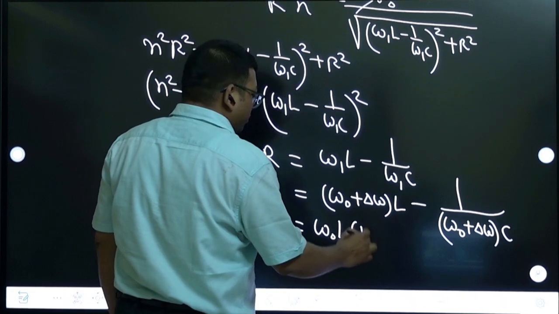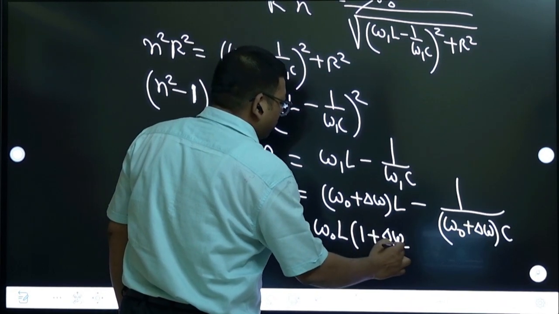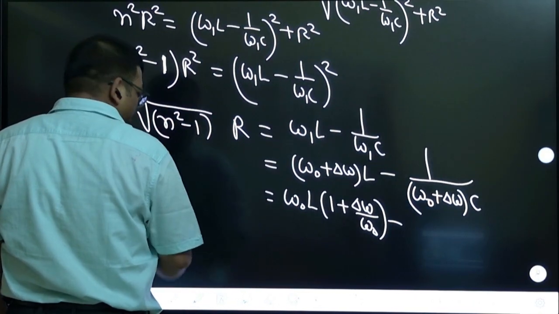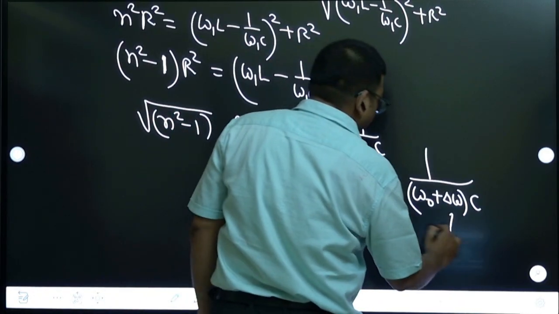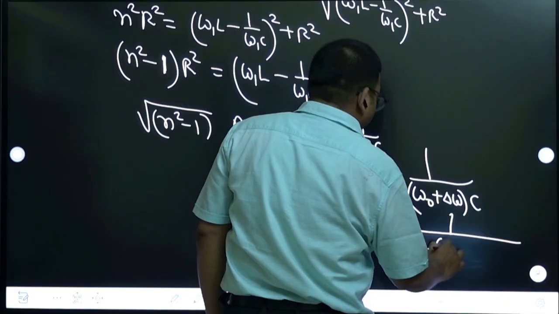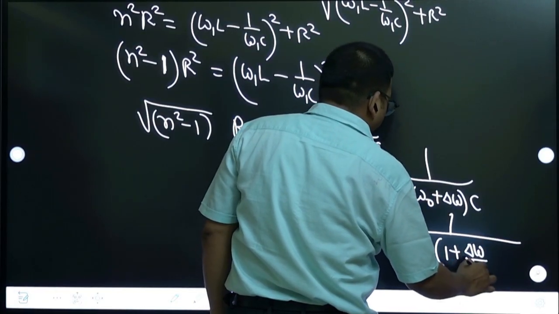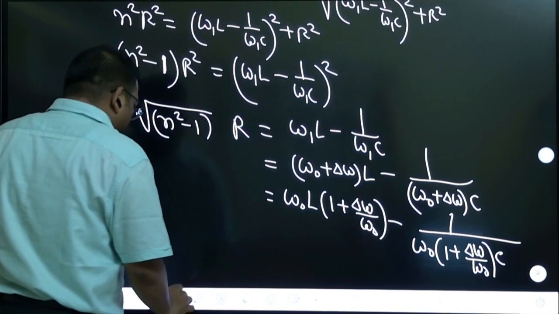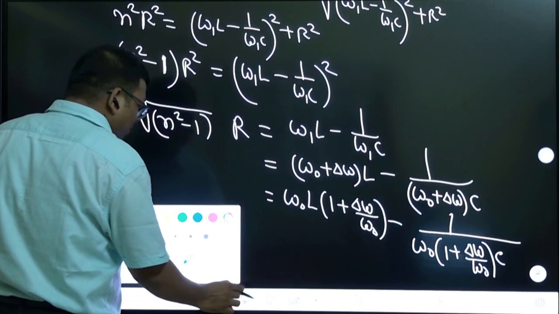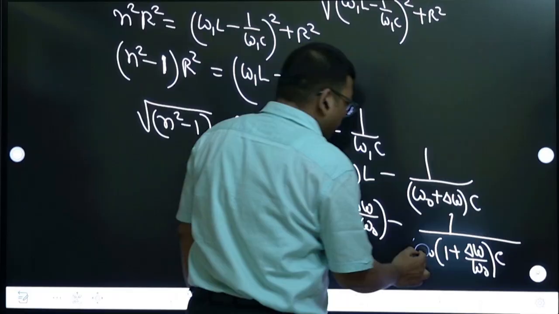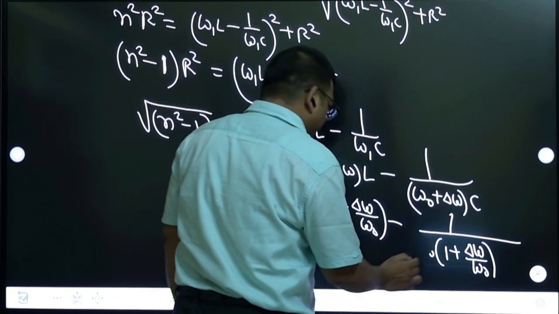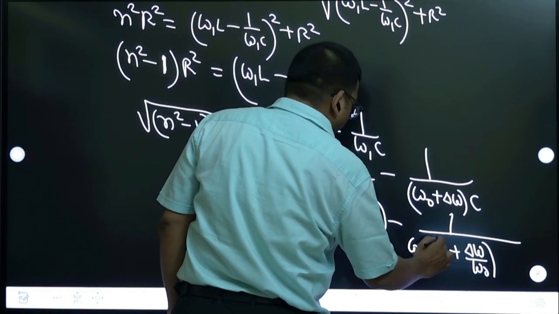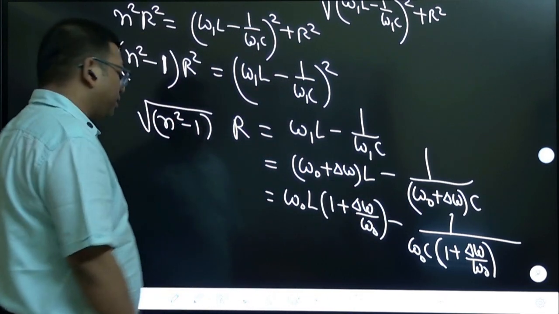So 1 plus delta omega by omega naught minus, and here also I will take omega naught common in the denominator. So omega naught I take common, so 1 plus delta omega by omega naught. C also I can write, but note here, I will write this C before itself, so I will write this as omega naught C, because omega naught only I have taken common.